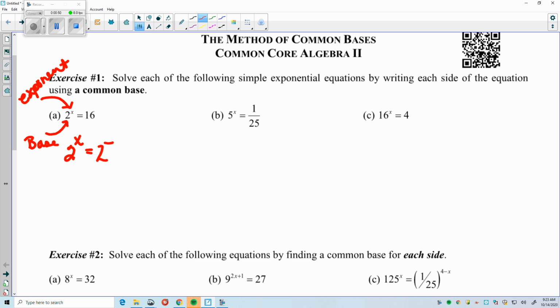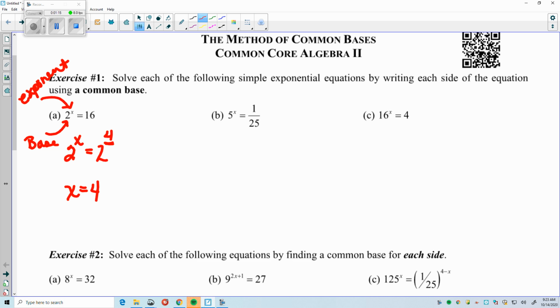What would this exponent have to be in order to turn that into 16? So if I think to myself, 2 squared I know is 4, 2 cubed is 8, so 2 to the 4th power would give me 16. So now since my bases are equal, that means my exponents are equal, and we found our value is 4.